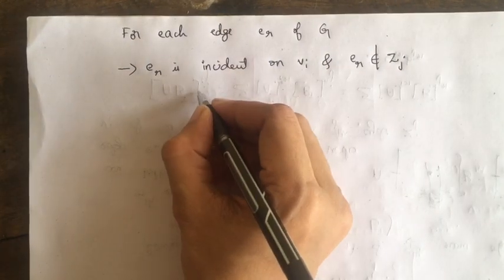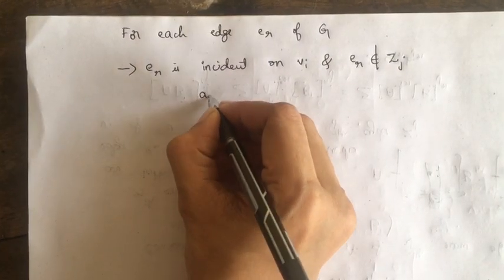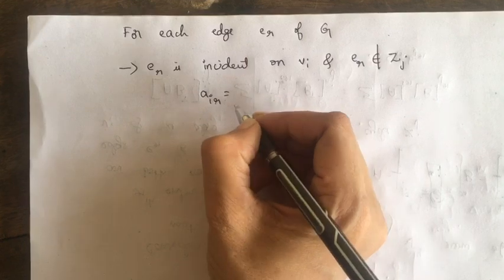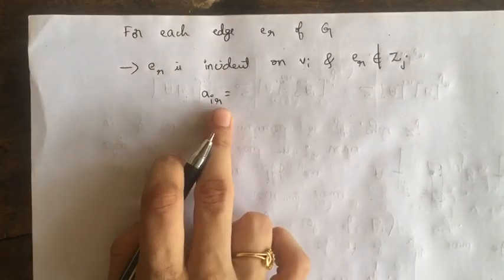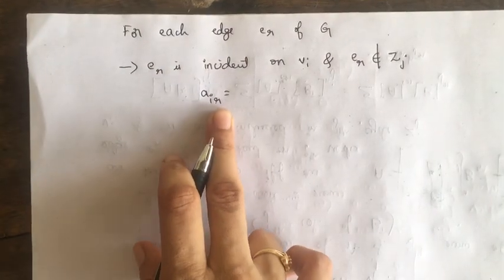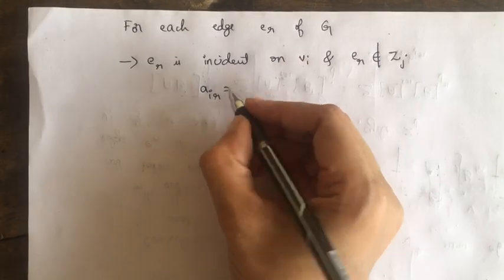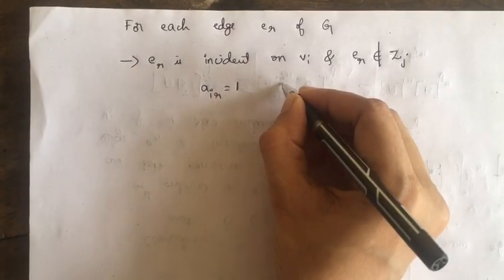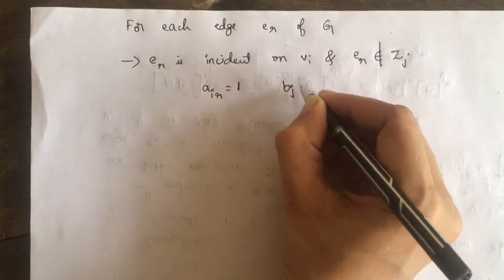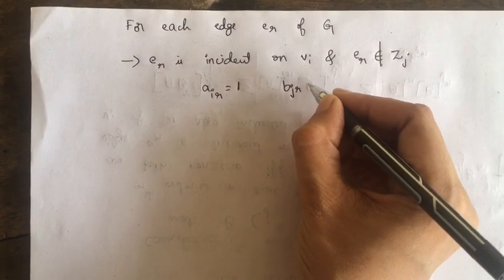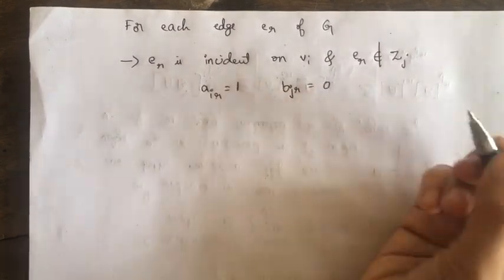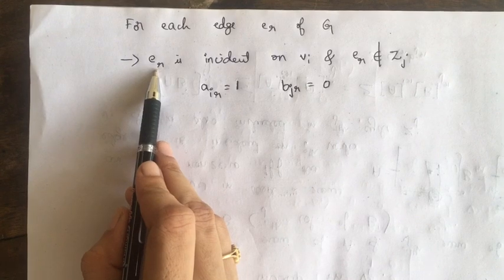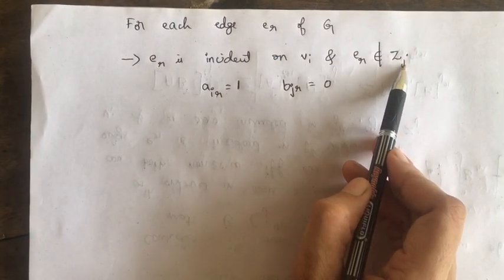When that is the case, the value of AIR, the entry in the incidence matrix, will be equal to 1. But the particular entry in the circuit matrix will be equal to 0, because that edge is not in the cycle Zj.